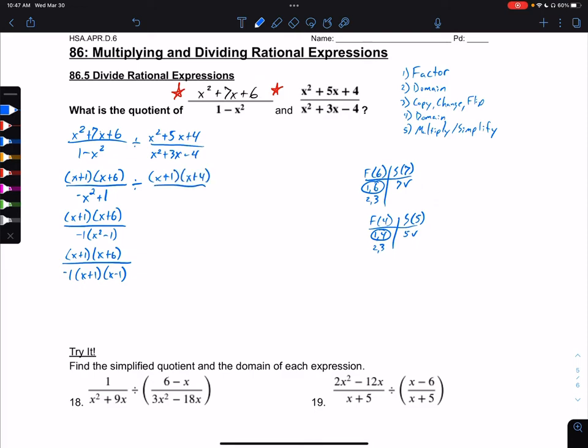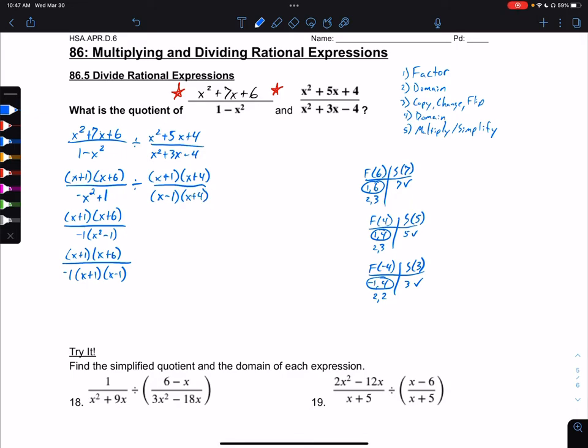And my denominator, I need factors of negative 4 that have a sum of positive 3. So 1 and 4, something has to be negative. The 1 should be negative, so that gives me the positive 3 I'm looking for. So x minus 1 times x plus 4.